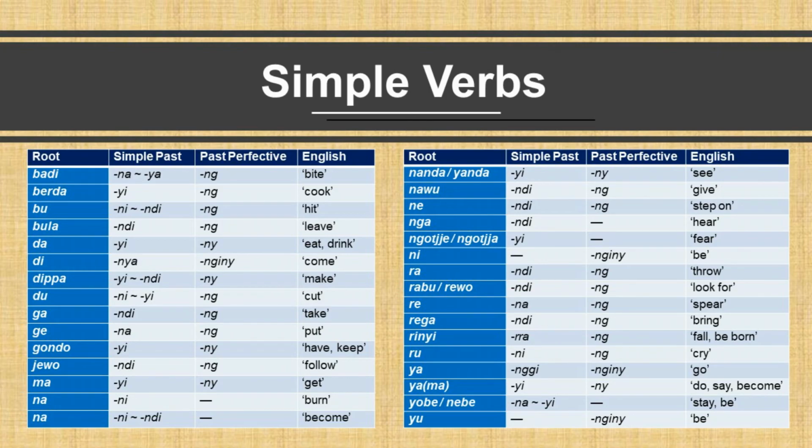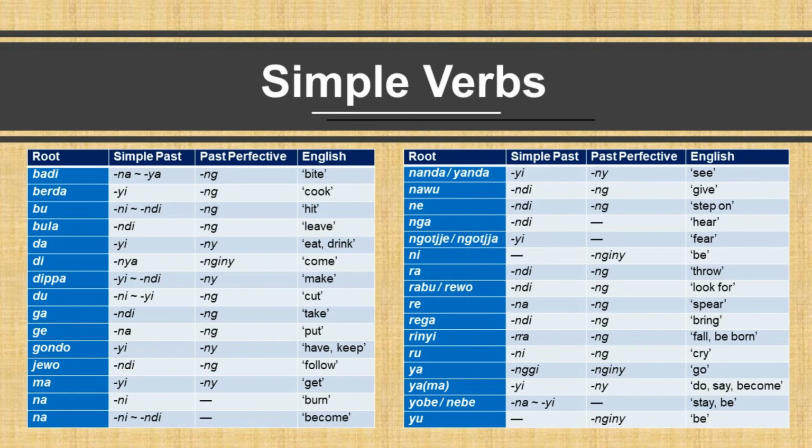It's sorted alphabetically. So you have the root form, and then you have the simple past form, sometimes with an alternative, depending on the dialect or the speaker. Then you have the past perfective form in the middle, and you have the translation into English.